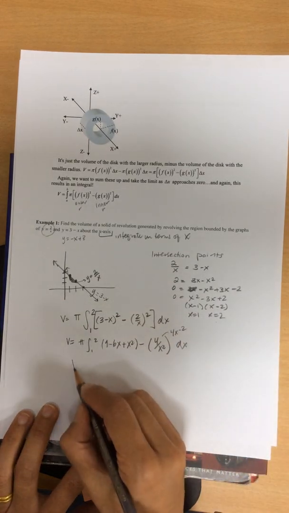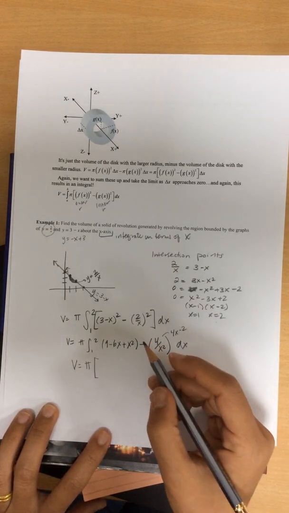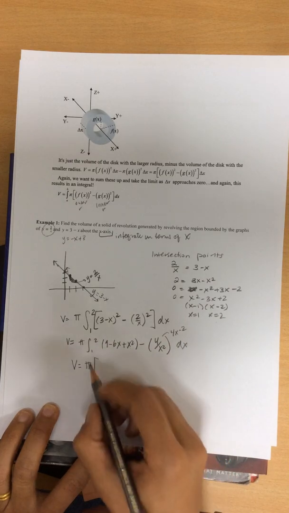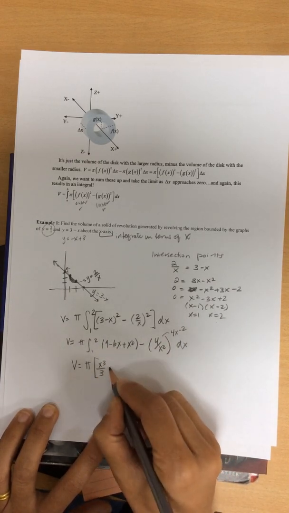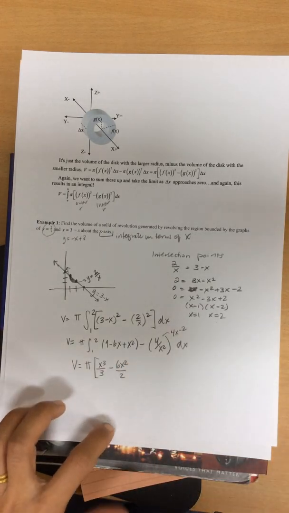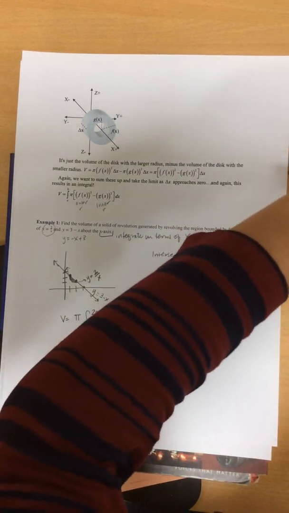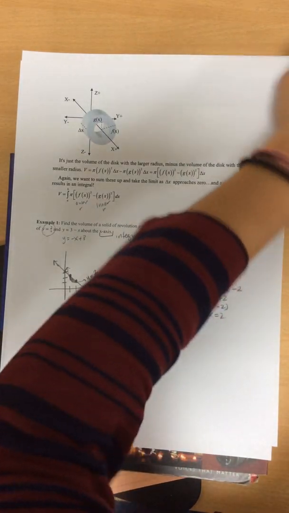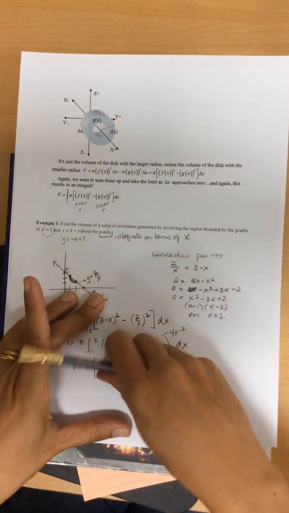So then when I combine them, the volume equals pi times, all right, I'm going to start with the x squared first. So that would be x cubed over 3. And here would be minus 6x squared over 2, which is just 3x squared. Do I have an eraser? Here we are. I'm just going to make that 3x squared because that's going to be easier for me to think about.